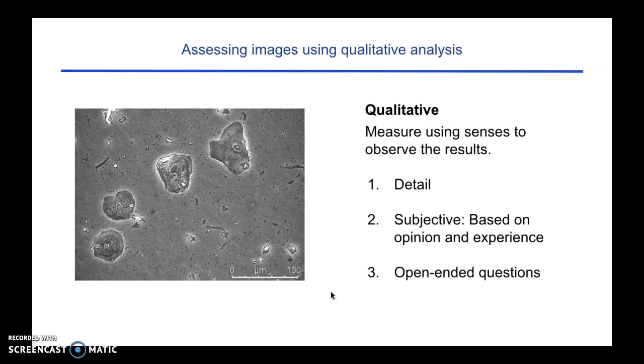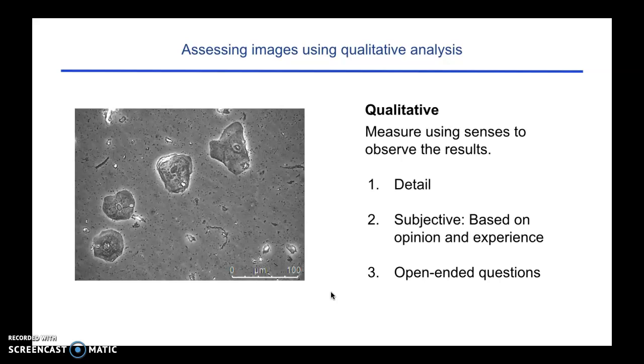Qualitative assessment is usually measured using your senses, so it can be performed in detail, mainly because the person can go really detailed in assessing the image through their own perspective.